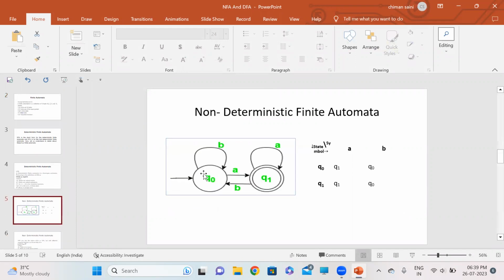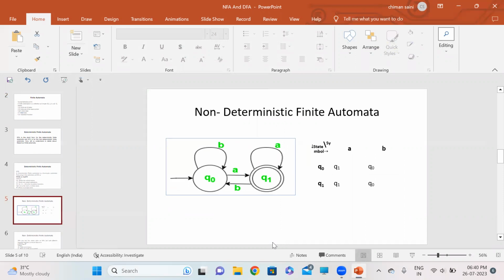Now this is the example of a non-deterministic finite automata. See, Q0 is the initial state, the starting state, that is represented by an arrow. If there is a state with an arrow on it, that is our initial state.